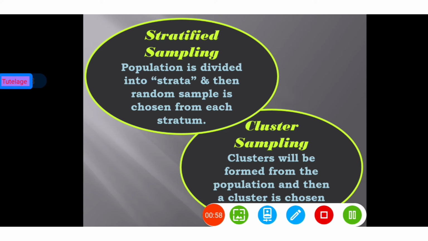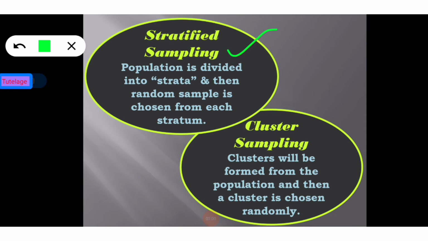The first one is stratified sampling and the second one is cluster sampling. So at first we have to discuss what we mean by stratified sampling.